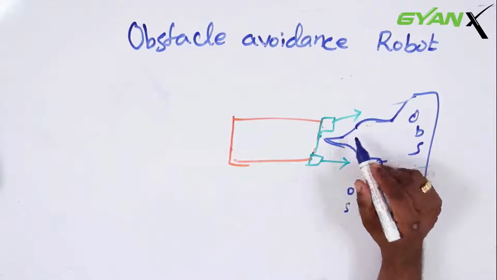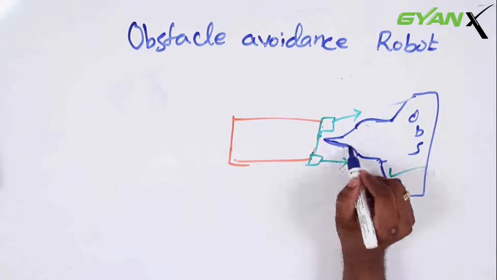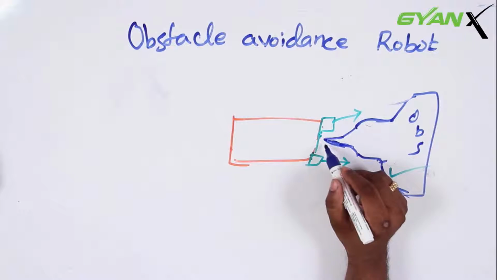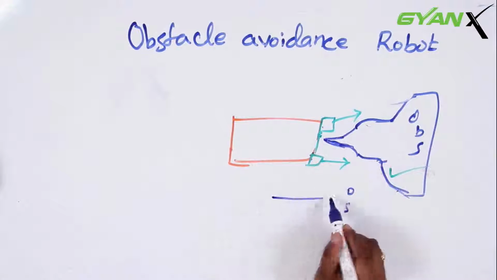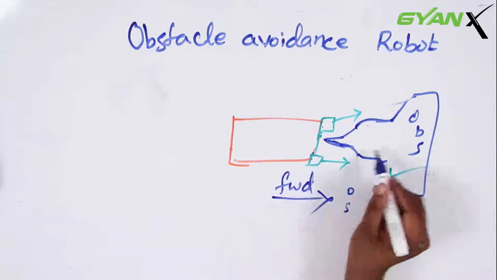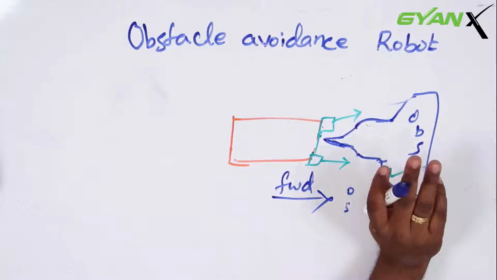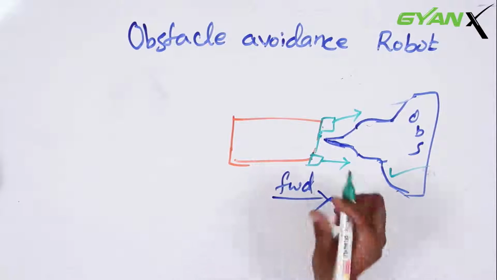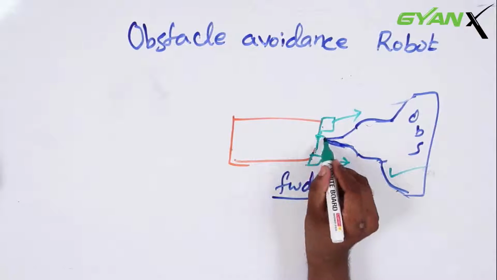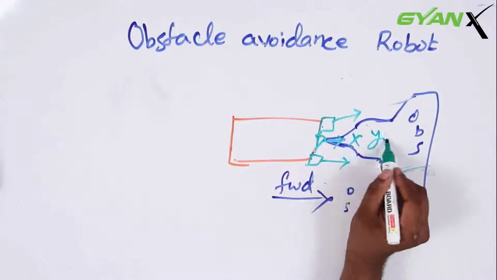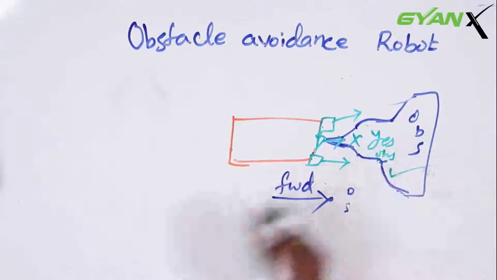Now the obstacle looks like an edge, and the edge of the obstacle is between your two sensors and is going to hit your robot, but meantime you are moving forward because your robot doesn't detect any obstacle. In this case you need to have at least three sensors. The third sensor can be here, and it can detect the obstacle and say yes obstacle, so that your robot can stop.